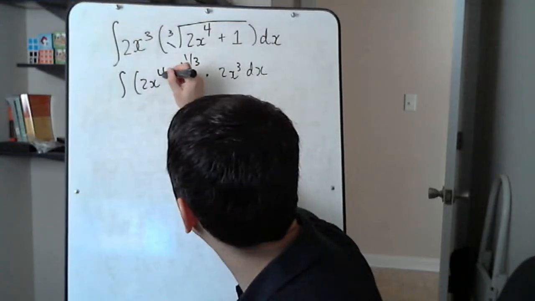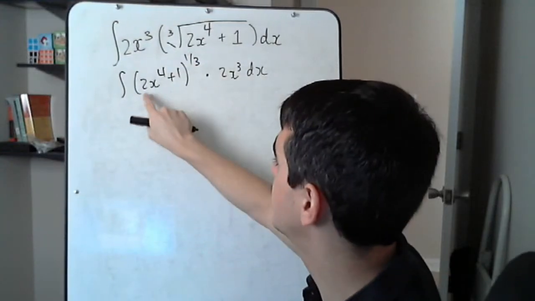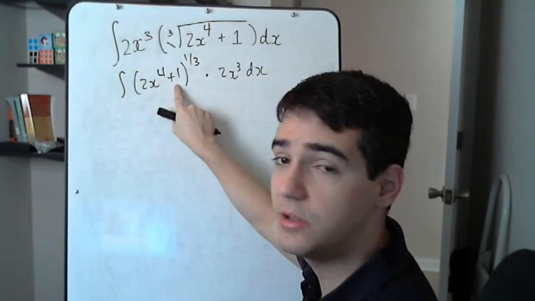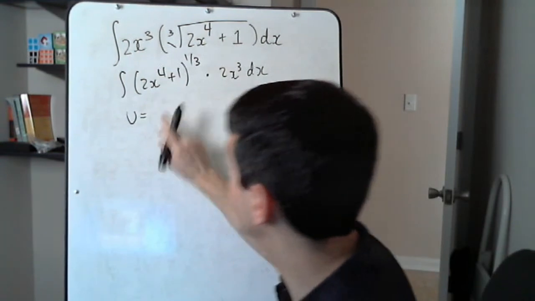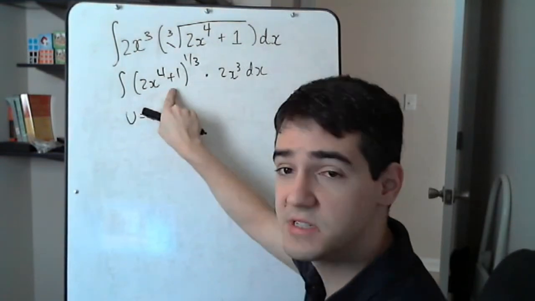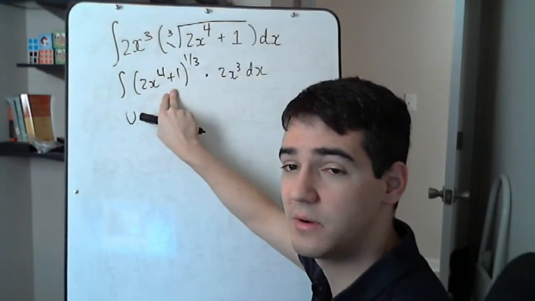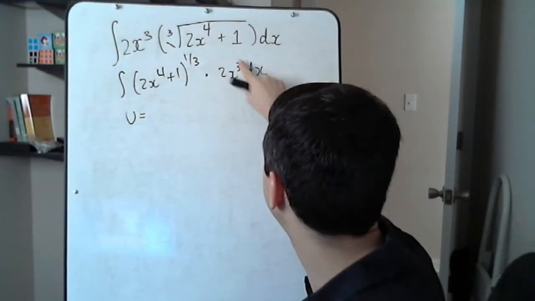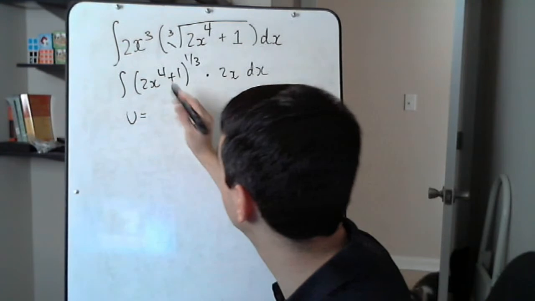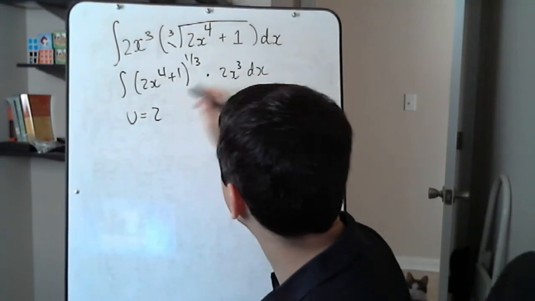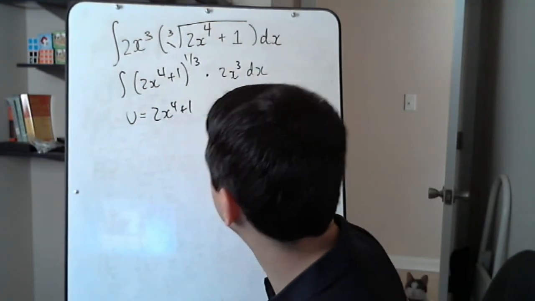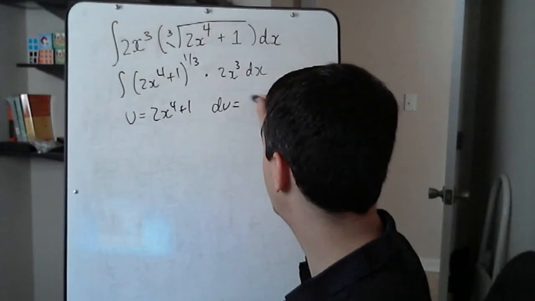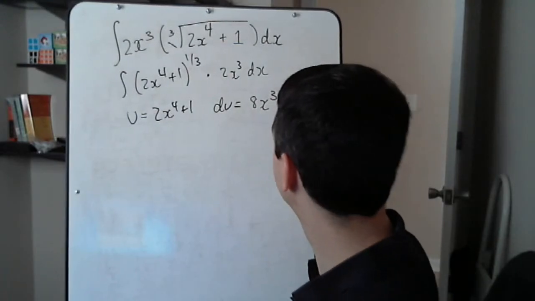So notice we have a function within another one. So that means we're going to make this u. Now remember, when we take its derivative, it should be somewhat of a constant multiple of this. For example, if I made this just 2x to the fourth plus 1, and we take its derivative, we get 8x cubed dx.